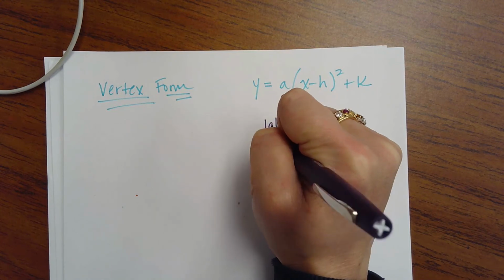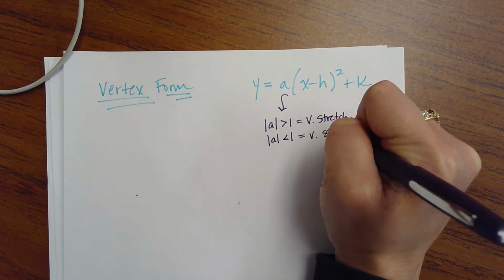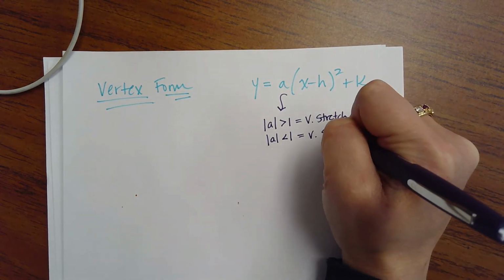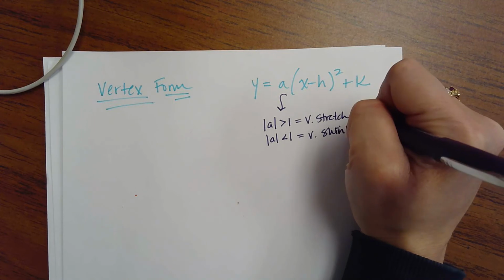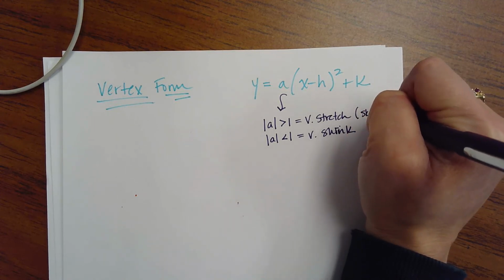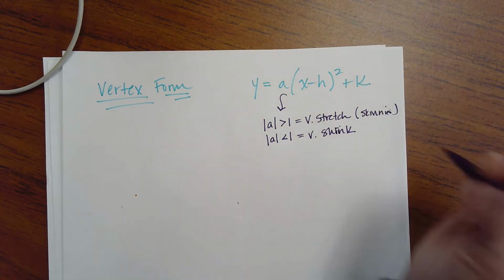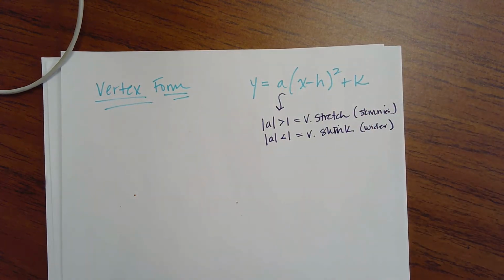If the absolute value of a is less than 1, this equals a vertical shrink. In other words, a vertical stretch makes your parabola skinnier, and a vertical shrink makes your parabola wider. Those are the words I remember.